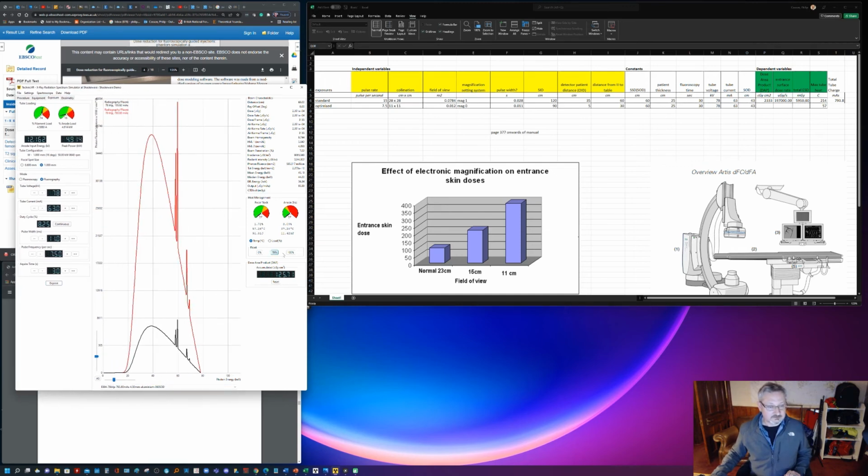And the dose area product became 125.71. Let's just say 126, round it up.